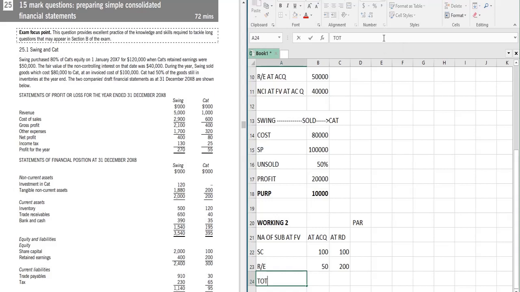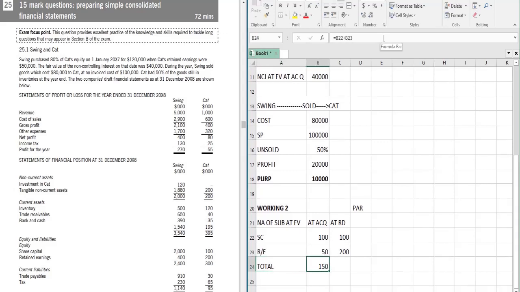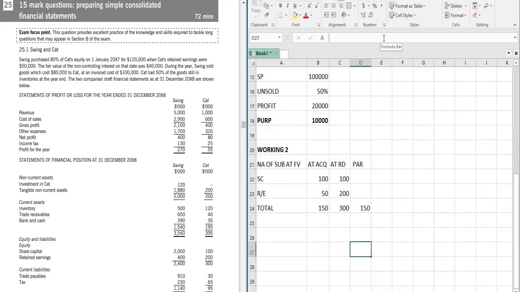So let's do the total. Total is 150 here, and this total is okay. So difference of these two is post acquisition reserve. Okay, so what's the difference? 150. So now out of this 150, parent acquired 80%, right?